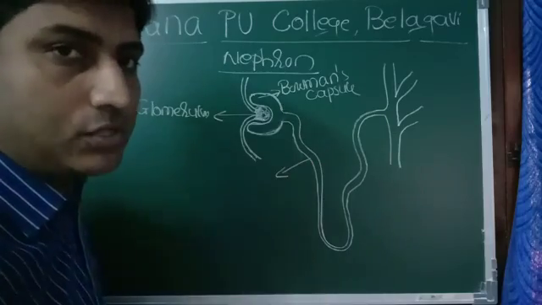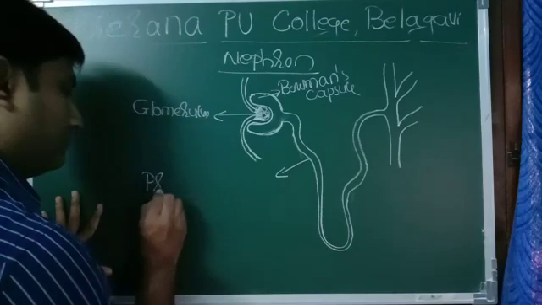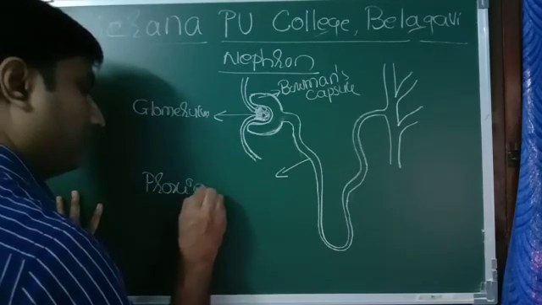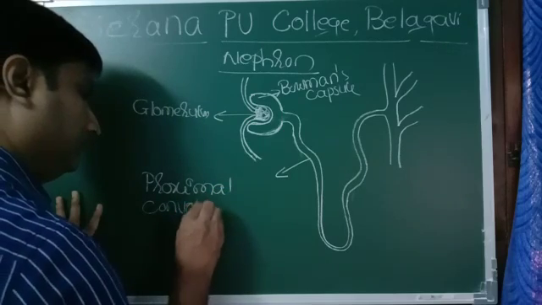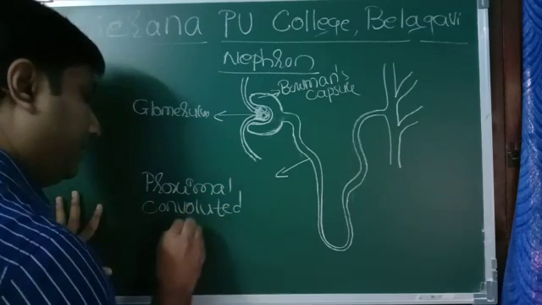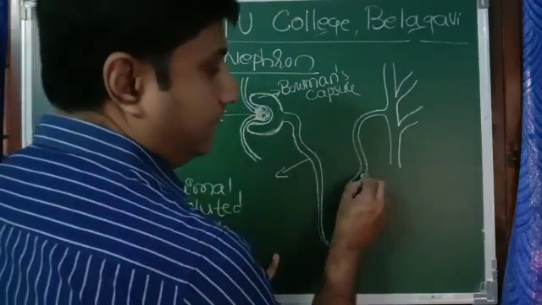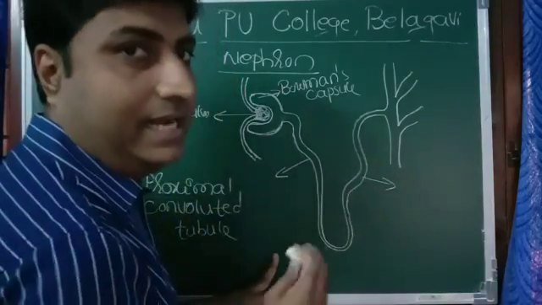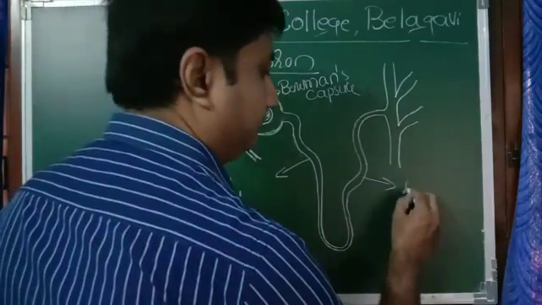PCT means proximal convoluted tubule. And this part is called DCT. DCT means distal convoluted tubule.